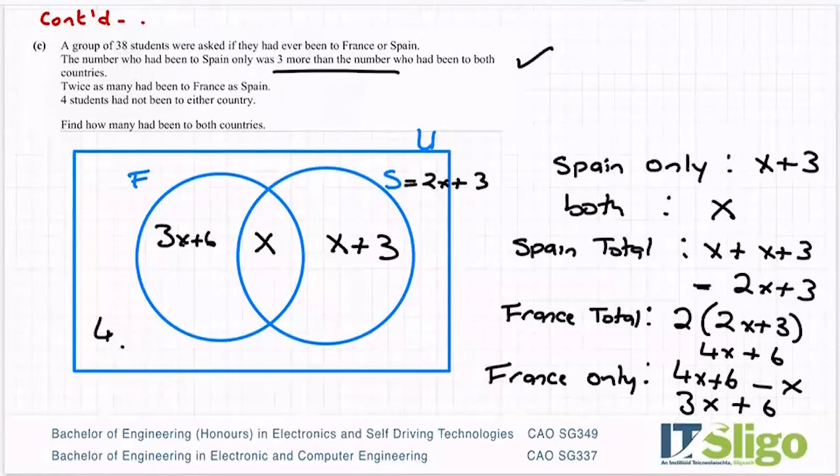Okay, so I hope that makes sense. What we do then is we solve for x. Okay, find out how many had been to both countries. So if we add them all up, I have 3x plus 6 plus x plus 3. Don't forget the 4 on the outside.